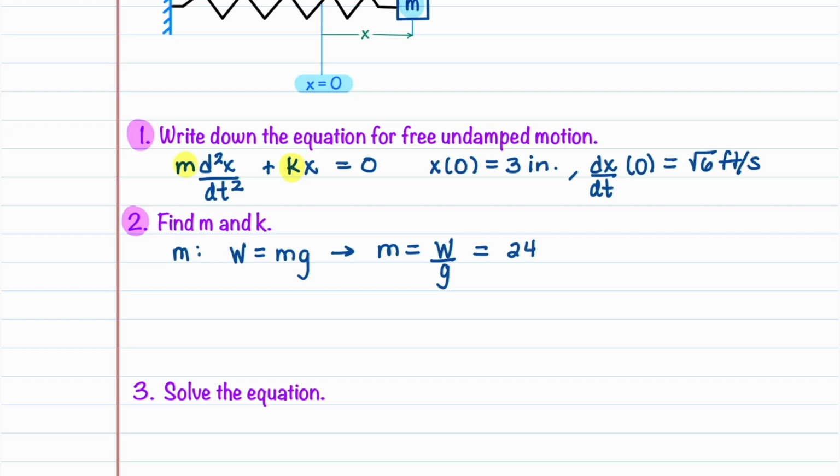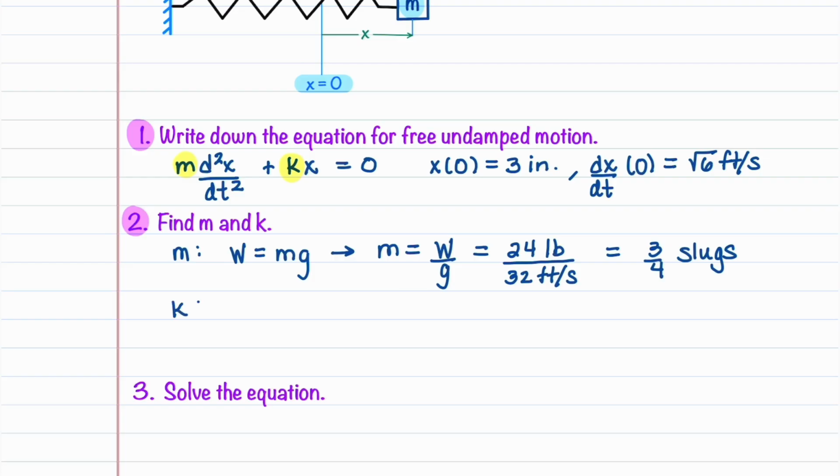So we'll put in 24 pounds, and then we're going to divide by gravity. Because we have pounds, we have to let g be equal to 32 feet per second squared. And this is equal to 3/4, and this is often called slugs, instead of pounds times seconds squared divided by feet.